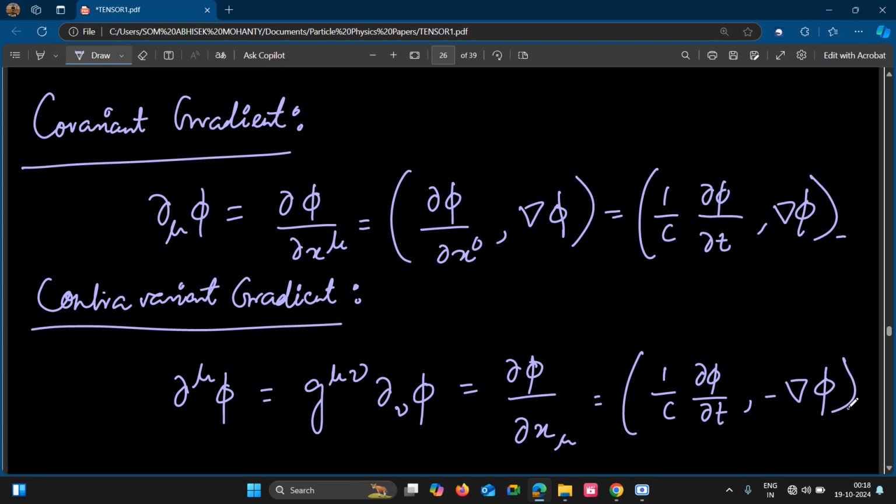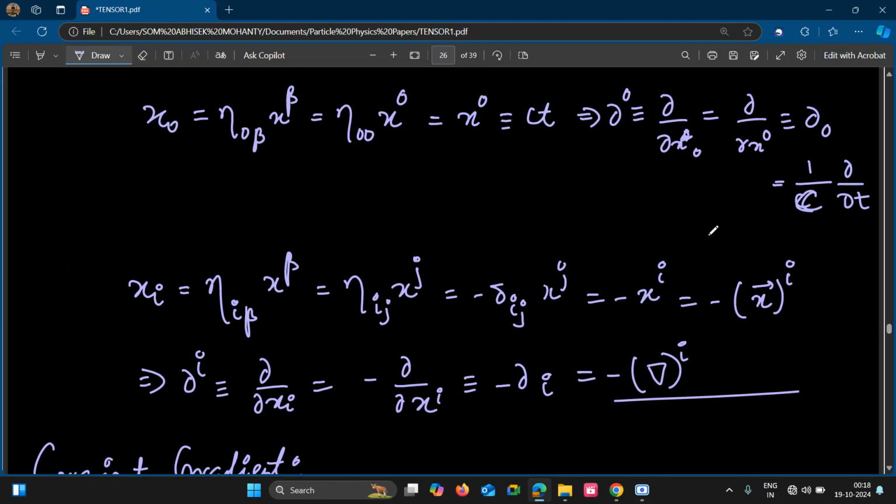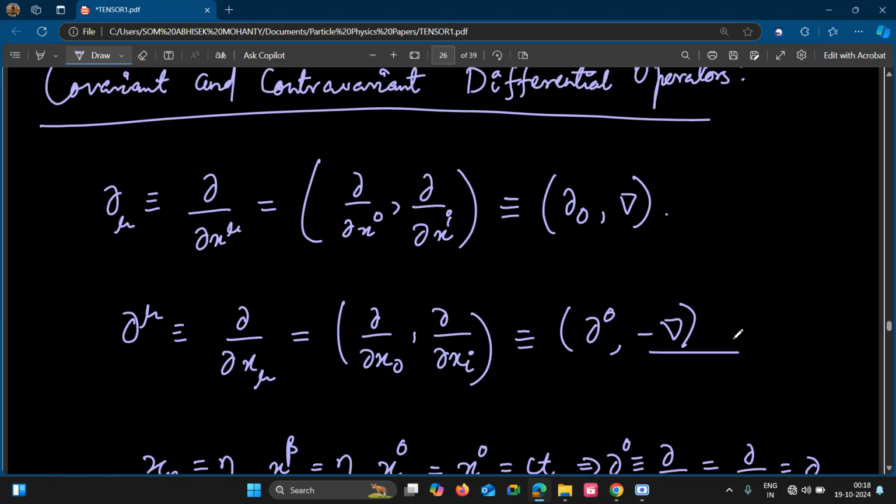For contravariant it is always minus, if you see here also, this one is minus.